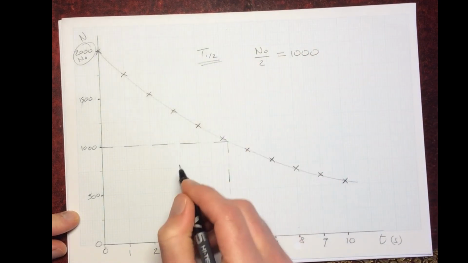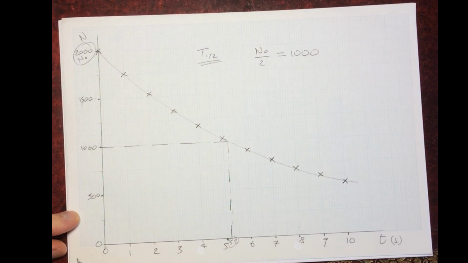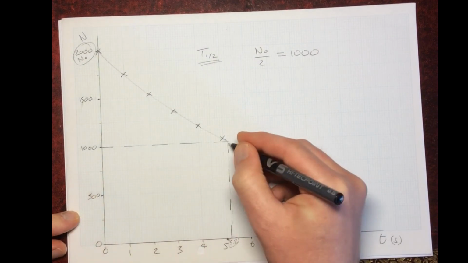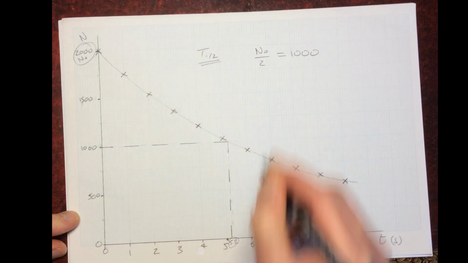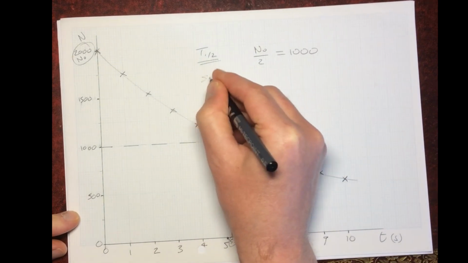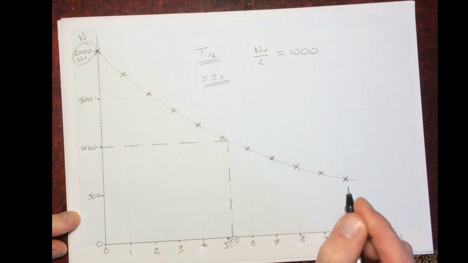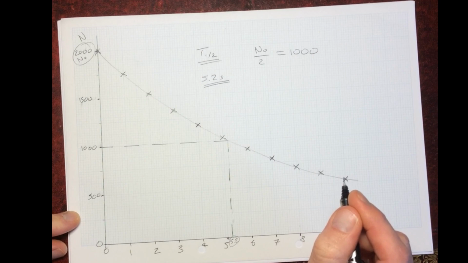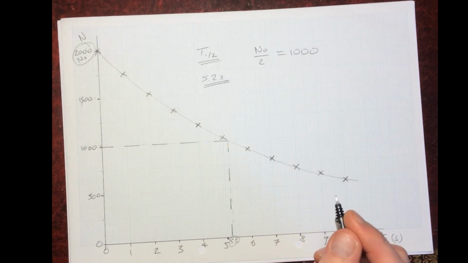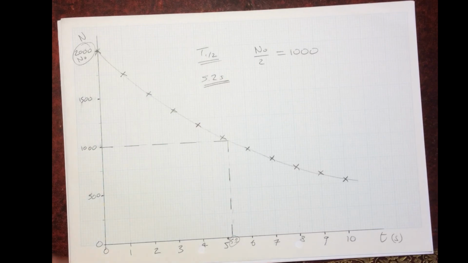So after one half-life, we're down to 1,000 nuclei. We draw across and come down here, and we'll find that the half-life comes out as 5.2 seconds, which is very similar to the value that we calculated when we used the numerical calculation.